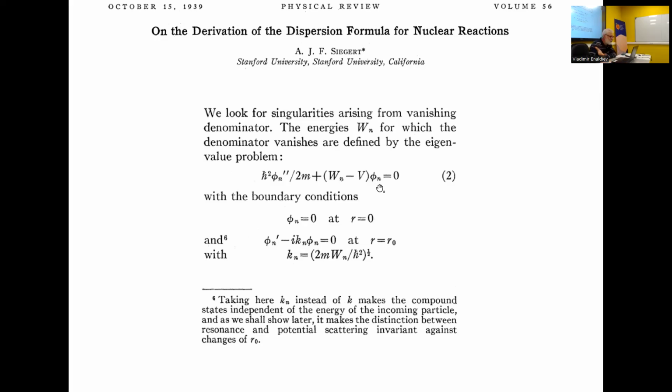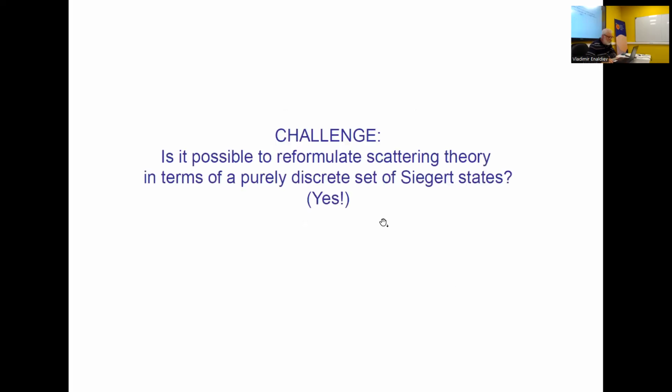He did not get, unfortunately, any results regarding completeness and orthogonality, but he indicated this problem. So now the first challenge which drove people's interest after the paper by Siegert can be formulated as follows.